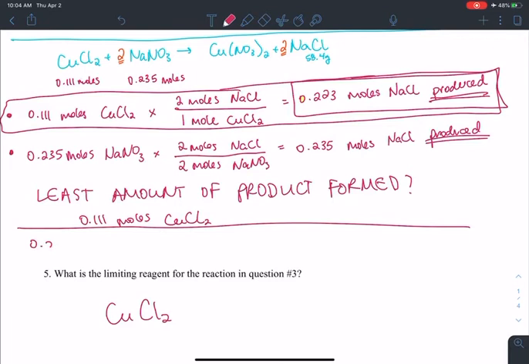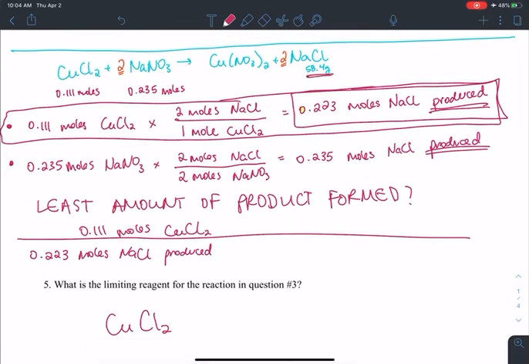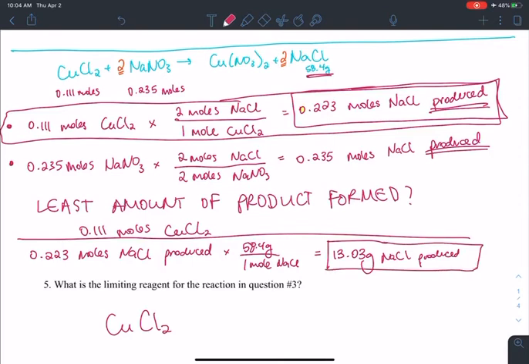So we know that 0.223 moles of sodium chloride are produced. If we use its molecular weight, which is 58.4, we could do 58.4 grams per 1 mole of sodium chloride, and that's going to be about 13.03 grams of sodium chloride produced. And that is the answer to this question.